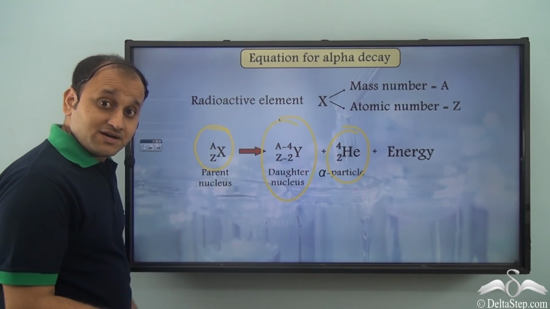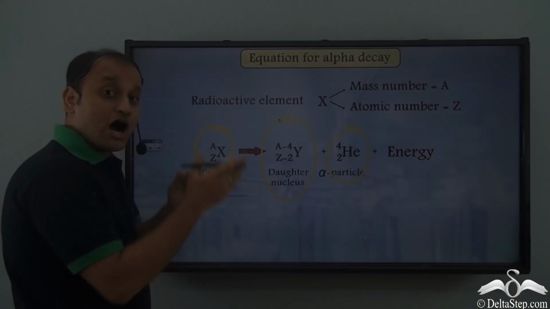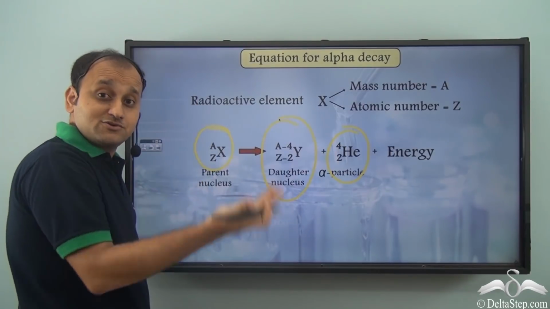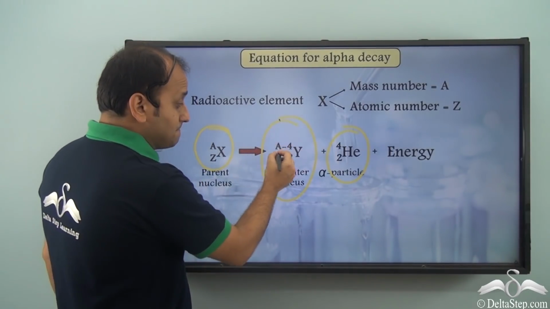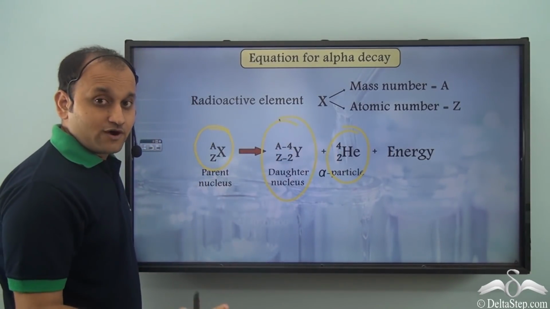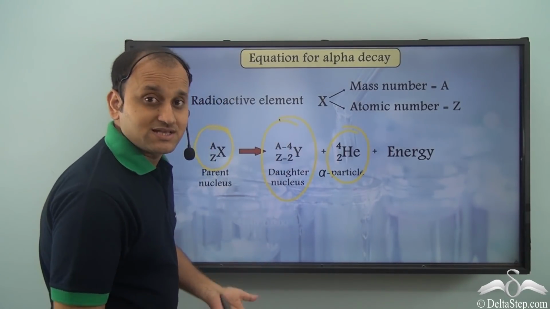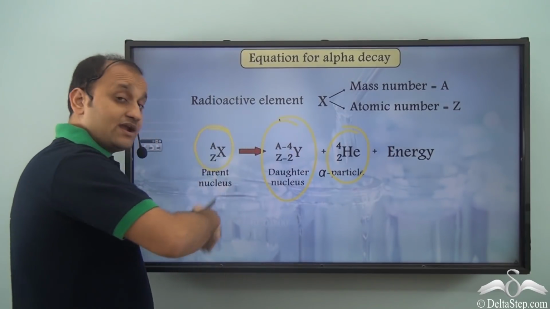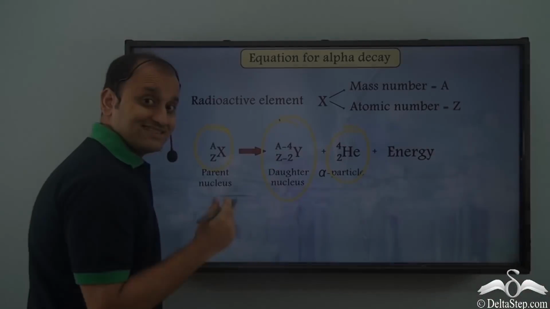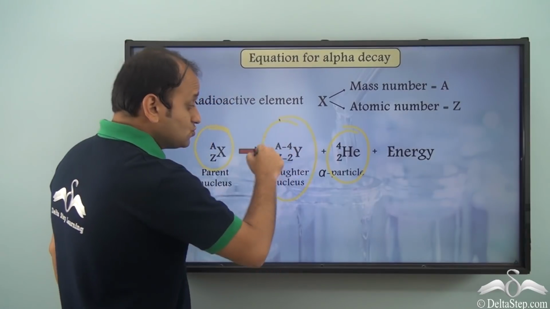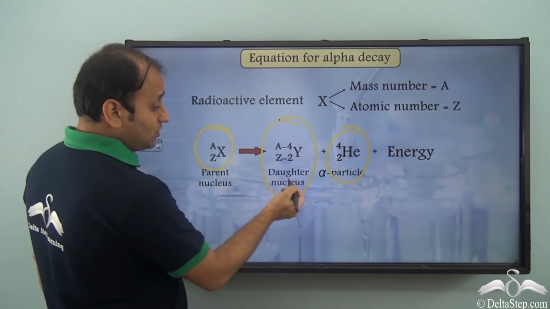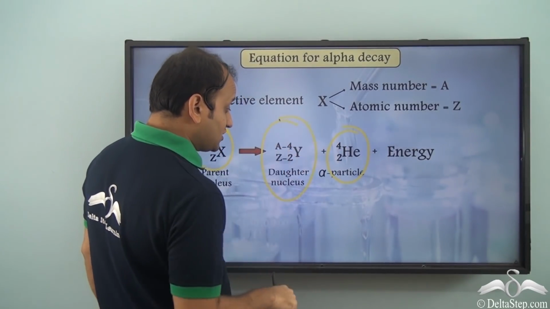So what is mass number? Number of nucleons. How many nucleons did the parent nucleus lose? 4. That is why mass number is decreased by 4. While atomic number is the number of protons. How many protons did the parent nucleus lose? 2. That is why atomic number is 2 less than the original. So what is the configuration of the daughter nucleus?